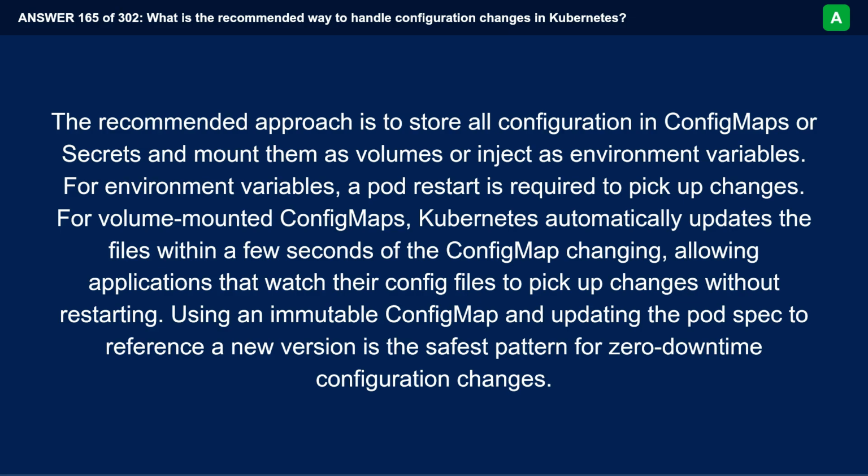For volume-mounted ConfigMaps, Kubernetes automatically updates the files within a few seconds of the ConfigMap changing, allowing applications that watch their config files to pick up changes without restarting. Using an immutable ConfigMap and updating the pod spec to reference a new version is the safest pattern for zero downtime configuration changes.